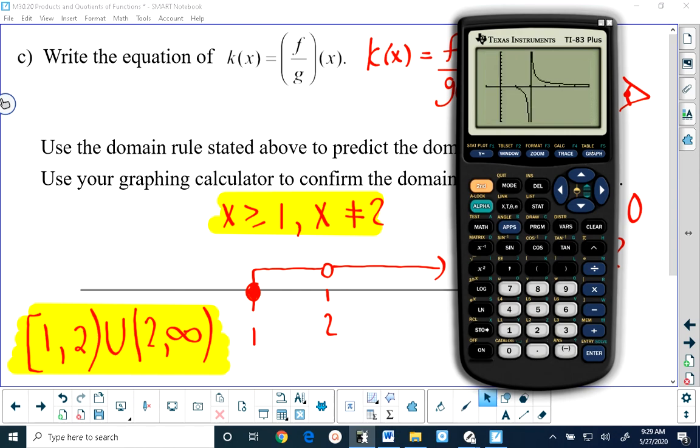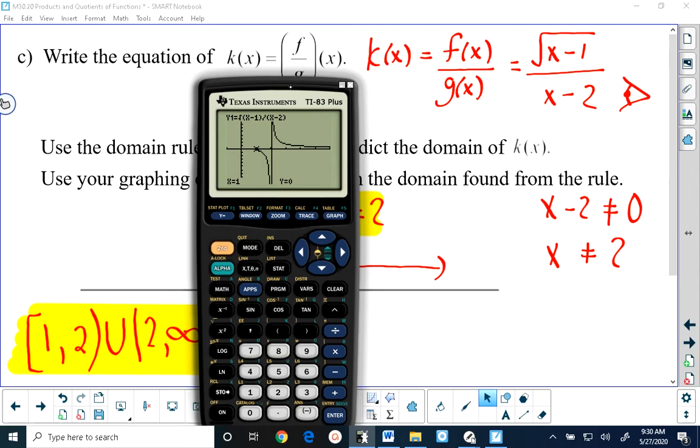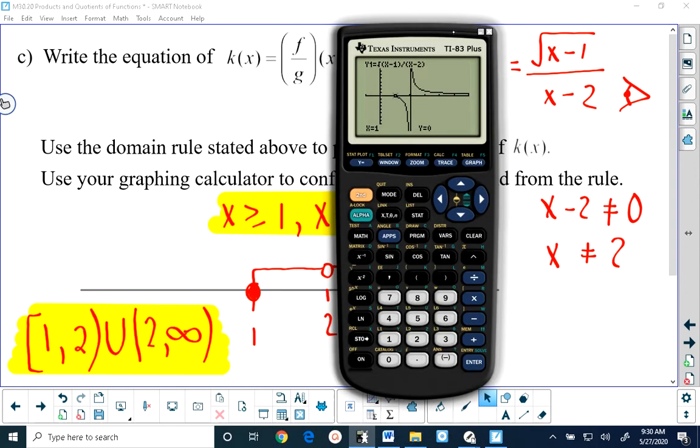What you see is that the graph starts at x equals 1. I can go trace 1 and get an x coordinate. And what you also see is there's a vertical asymptote at 2, which makes sense because we've learned that when you have a denominator that doesn't cancel, you get a vertical asymptote. So x is equal to 1 or anything greater than 1, but at 2, the function doesn't exist. So our domain was correct.